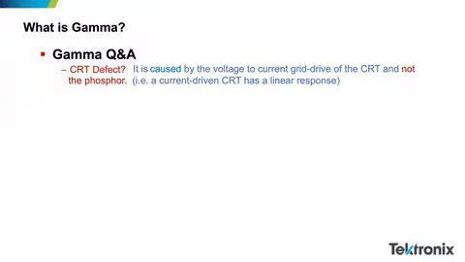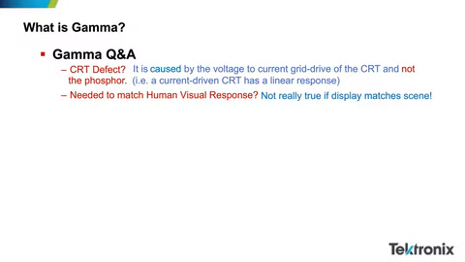So was it a need to match the human visual response? Not really. As long as the display reproduces the scene correctly, it doesn't matter how it got there, as long as it undoes whatever is done in the transmission so that it presents the data to you as it was actually acquired.